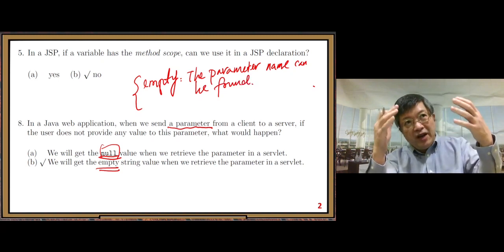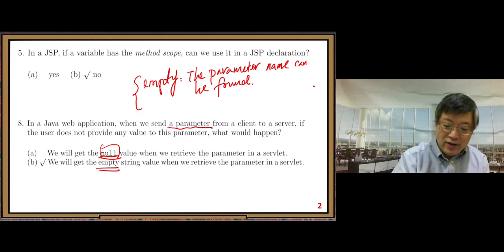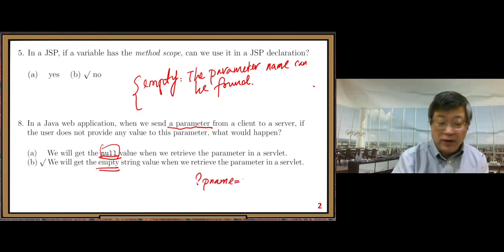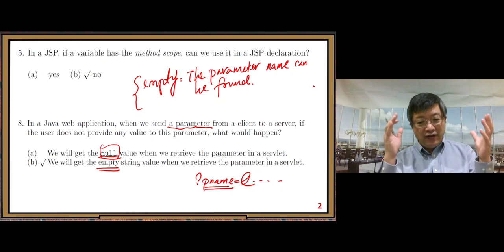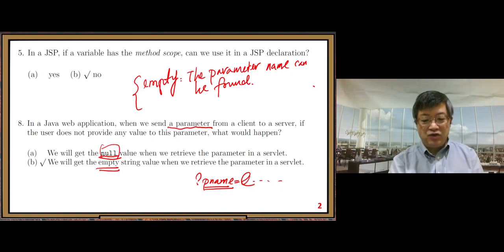When you send the data, the name is there. For example, pname, that's our parameter name, equals nothing, empty. The name you can find, so you get an empty string.